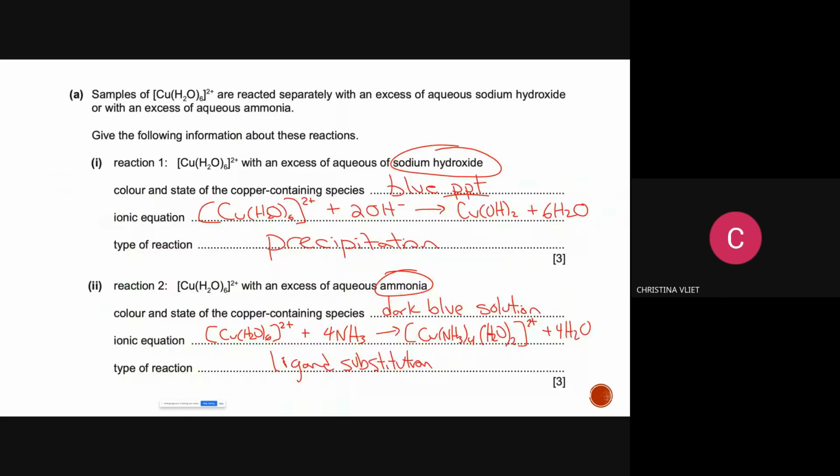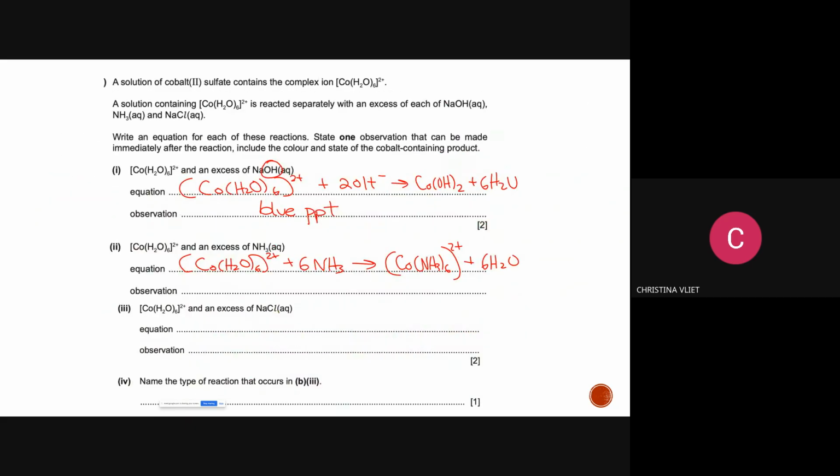Brown. You want to know what the mark scheme accepts? I'm going to tell you everything they accept. So they accept brown, but the other colors they accept here are yellow, but they wouldn't accept green for copper chlorine. They accept yellow, and they accept straw. I think that's a British thing.